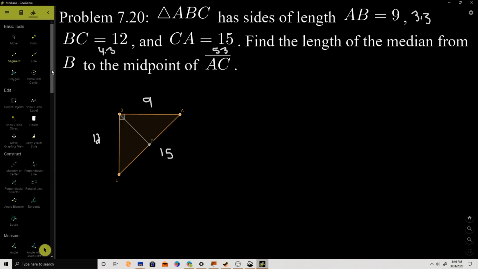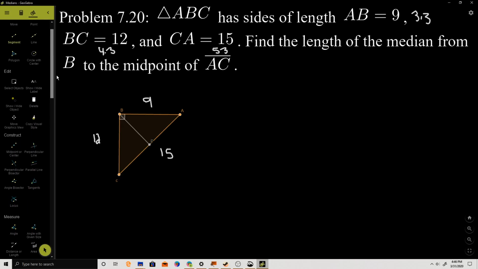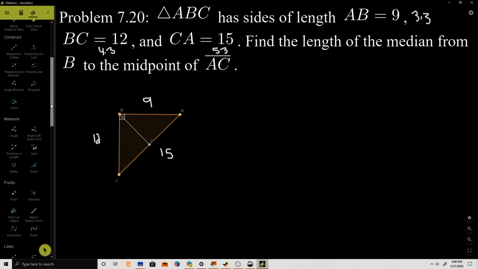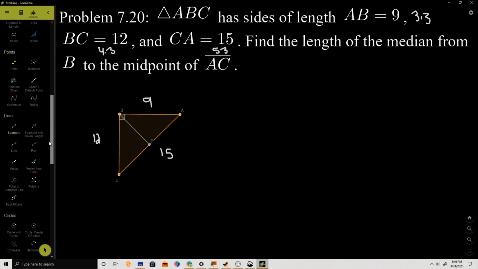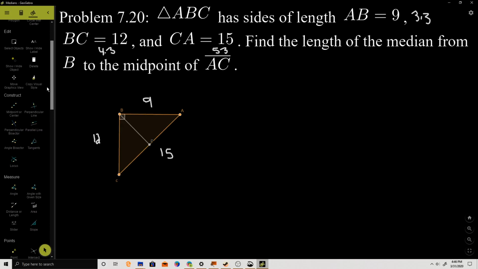How about if anyone remembers when we did what was called the circumcircle? How do we draw that?